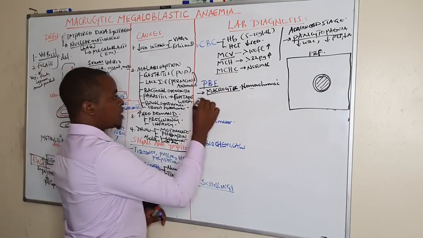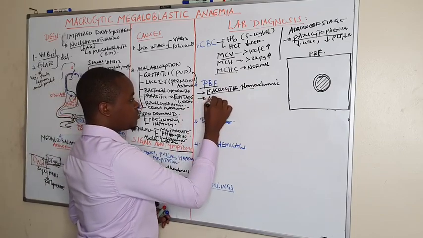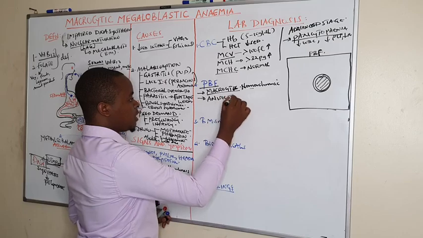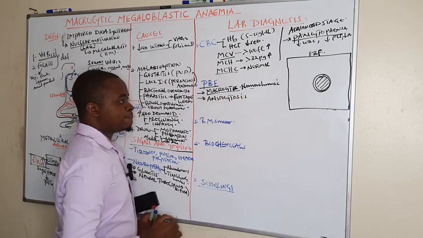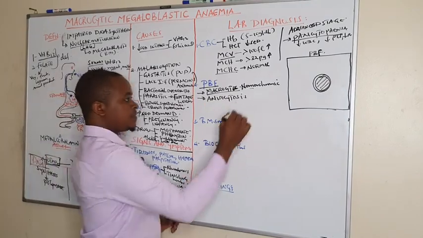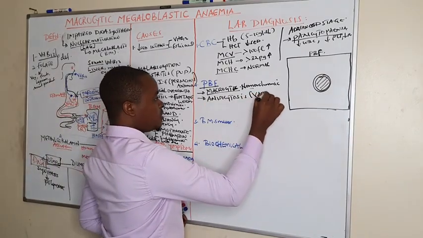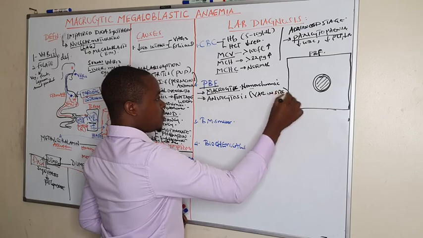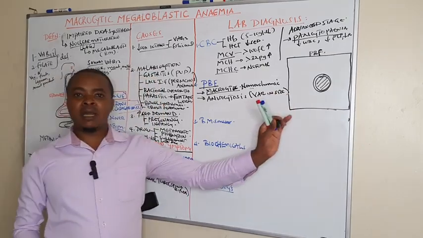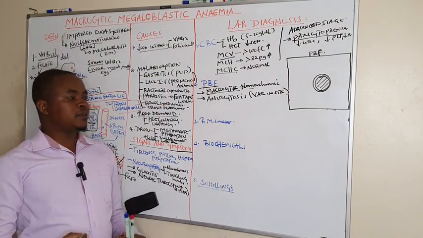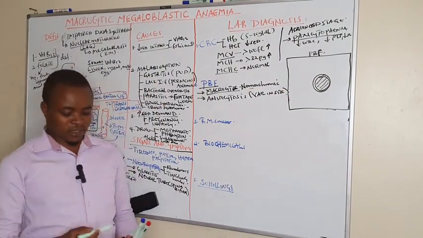Then we shall also see marked anisocytosis, that is variation in size of cells. We find the majority are macro, they are bigger, but some are also small and some are normal.